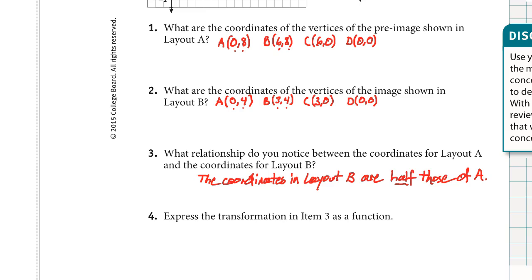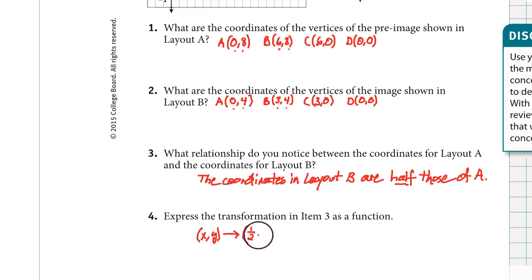Now, how can we express that transformation as an algebra function? We've written algebra functions for other transformations earlier this year, such as translations, reflections, and rotations. The way that was done is to write down the ordered pair symbol, x, y, to draw an arrow, which meant goes to, or changes to, or is transformed to, and to write down an algebra expression that explains the mathematical relationship between the original number and the new number.